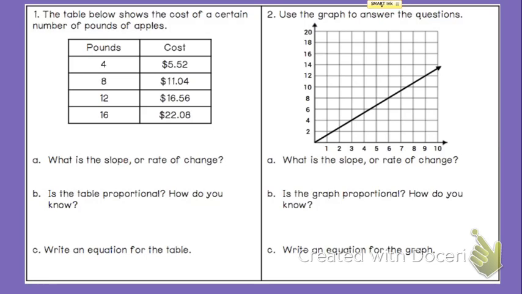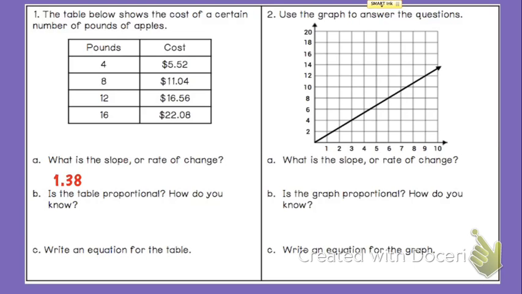Okay, so number 1, it says, the table below shows the cost of a certain number of pounds of apples. So we have pounds is our x, cost is our y. So what is the slope or rate of change? Well, the slope or rate of change is $1.38. How did I find that?